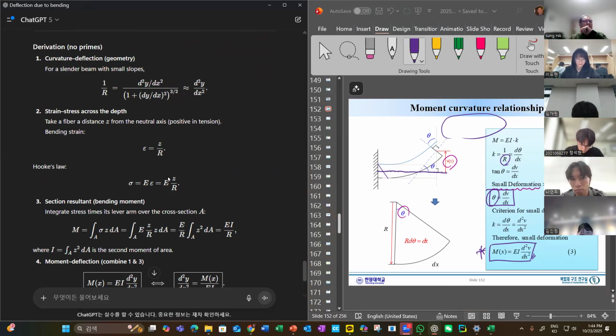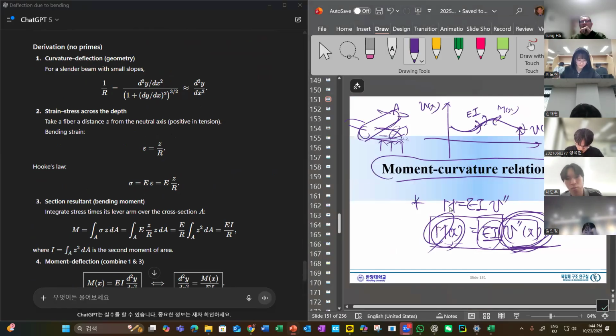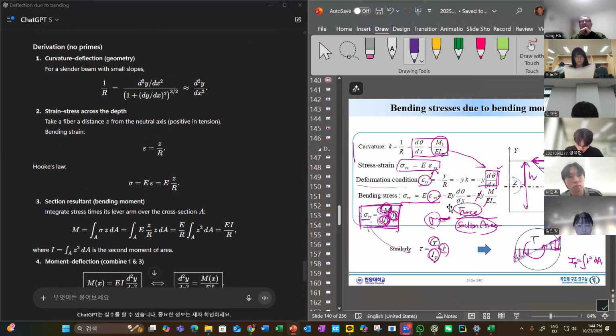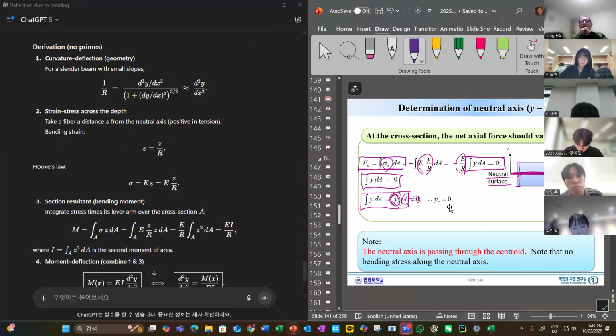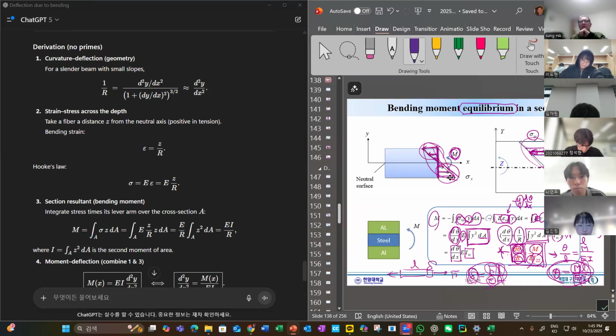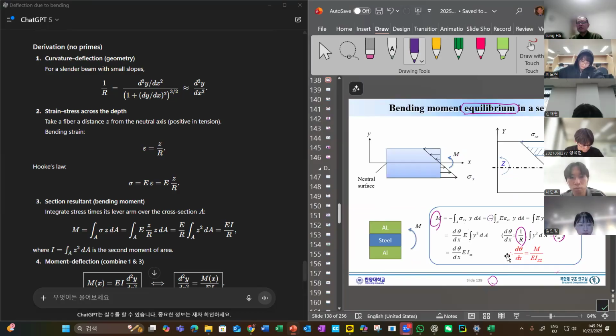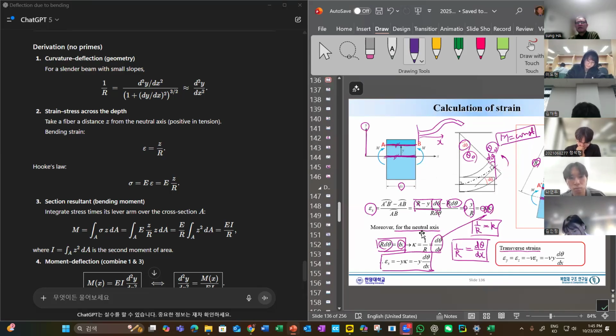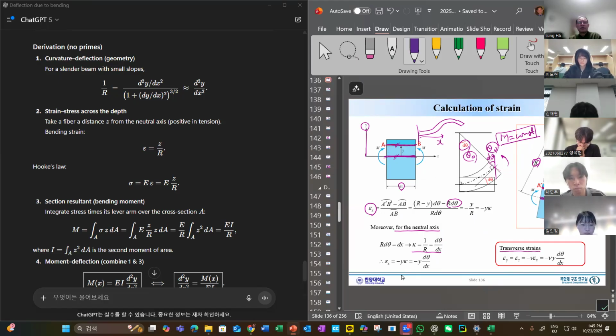If strain is z over R, what is that? That's what we learned in the last chapter, the most important drawing. See here, epsilon x equals y times curvature.